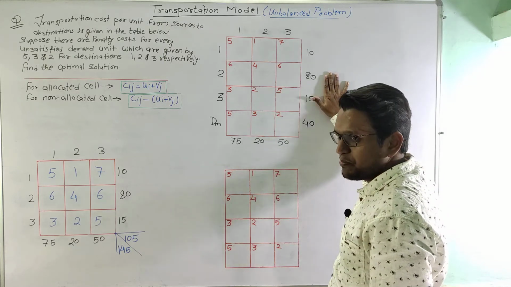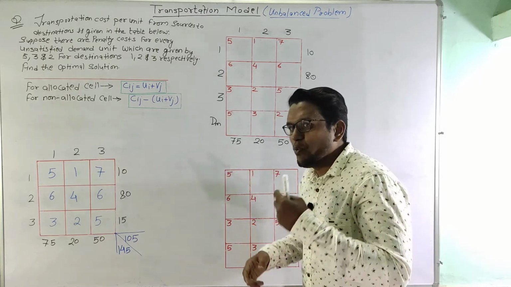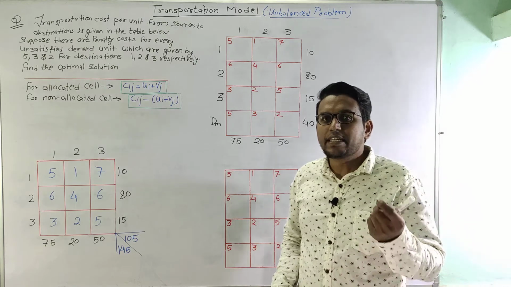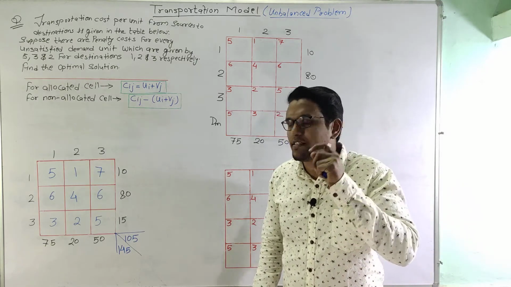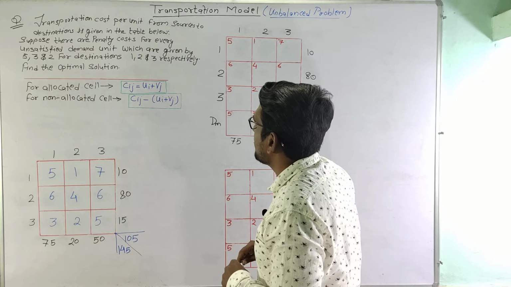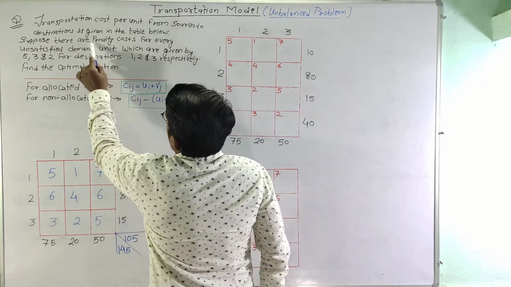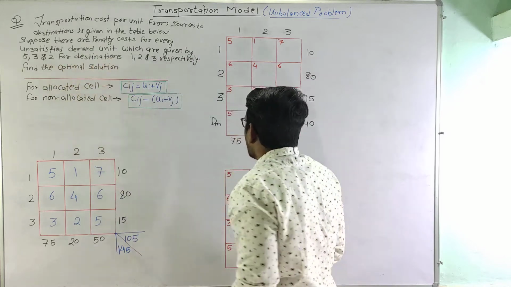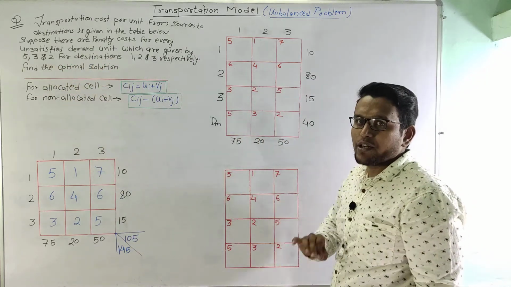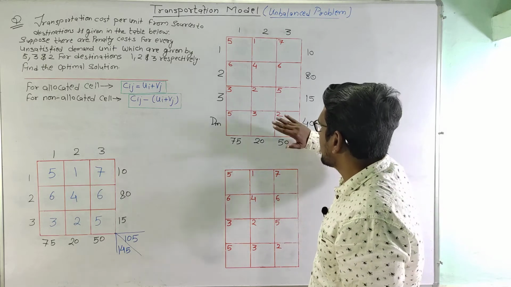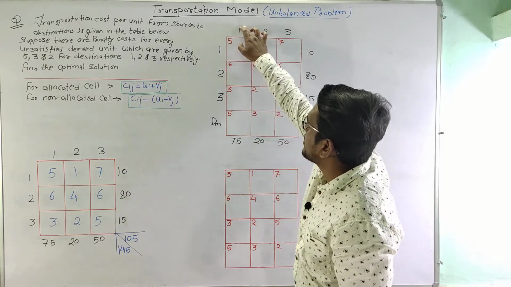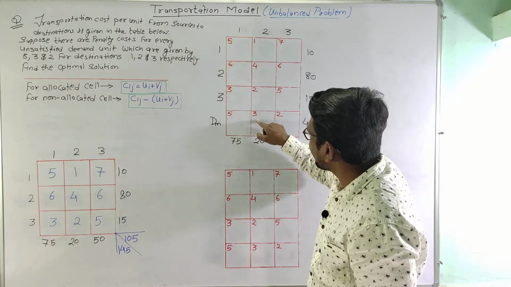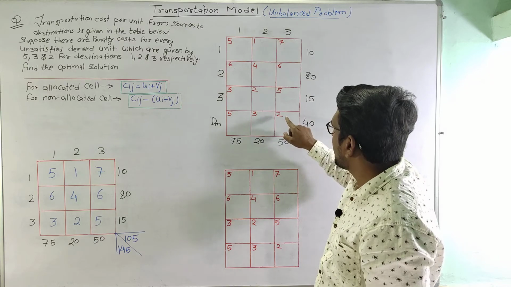So now our problem is balanced, and usually whenever we add a dummy row or a dummy column, we take the unit transportation cost as 0. But in this particular problem it says that there is a penalty cost for every unsatisfied demand unit. So there is a penalty for each unit that is not fulfilled. For destination 1 the penalty is 5, for destination 2 the penalty is 3, and for destination 3 the penalty is 2.